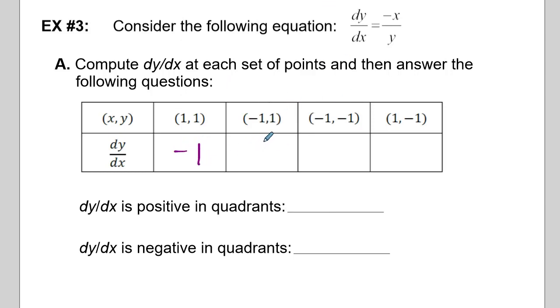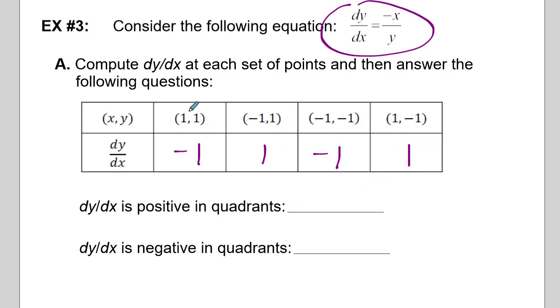Then at (-1, 1), we get positive 1. And at (-1, -1), that's going to give us negative 1. Just plugging into our formula for dy/dx equals negative x over y. And then we get positive 1 here.